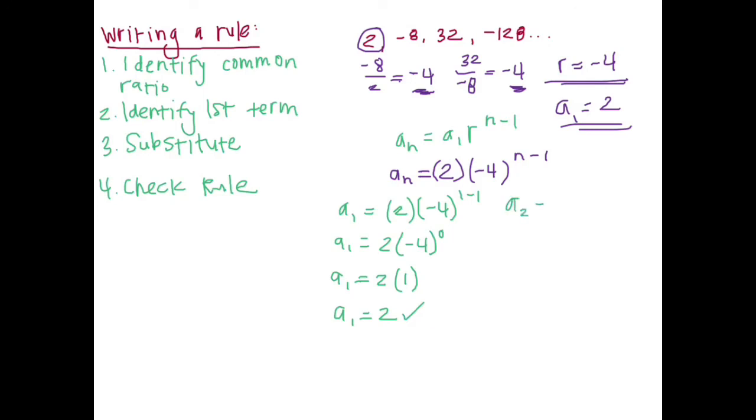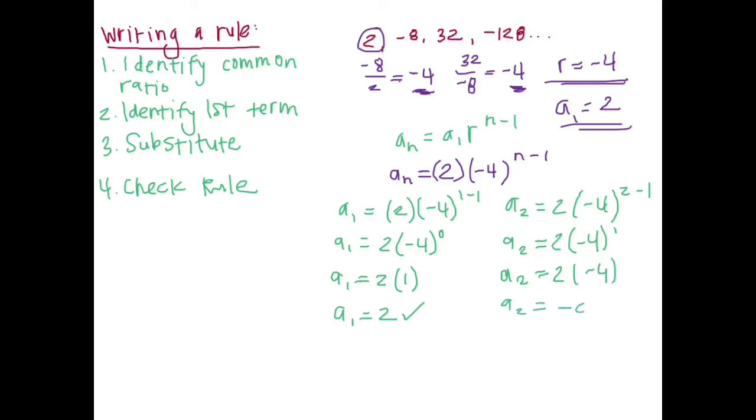When you're checking, it's wise to do more than just one term. So this time I will replace every n with a 2. The second term is 2 times negative 4 to the power of 2 minus 1. I simplify my exponents and get 2 times negative 4 to the power of 1. Negative 4 to the power of 1 is just negative 4.